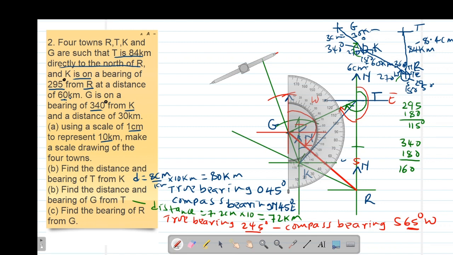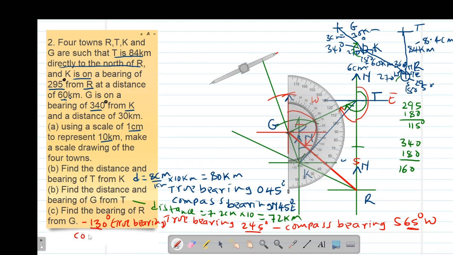So actually the angle is around 130 degrees. So the bearing is 130 degrees. Remember, this is the true bearing. The true bearing will be 130 degrees because it's already in three digits, so I don't need to add any zero.